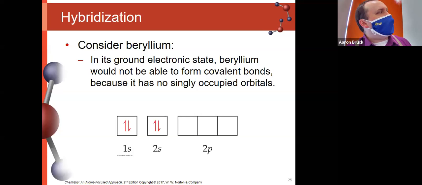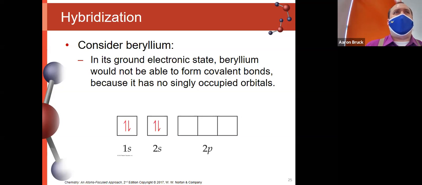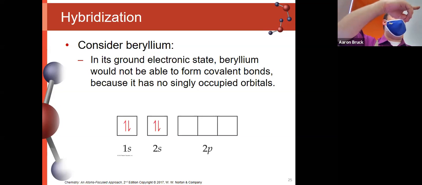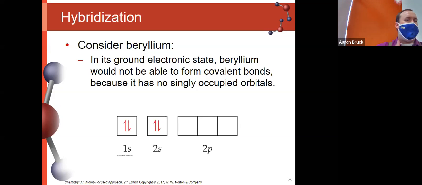For the first, I want you to consider beryllium. Now, based upon our definition of orbital overlap, we need to have orbitals with single electrons in them so that that one electron can be shared with the one electron in the other atom to give us that covalent bond.